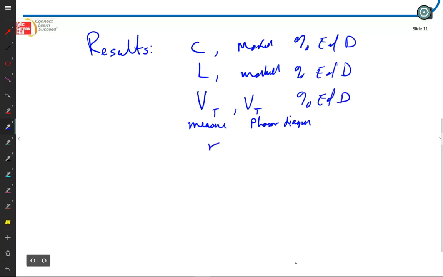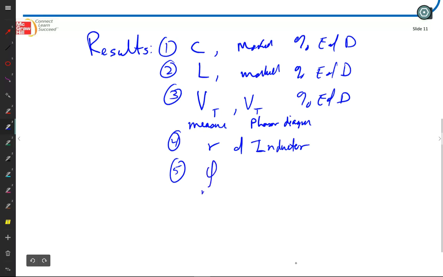The resistive portion of the inductor, you don't have anything to compare that to. And then you're going to have the power factor angle measured, from the graph.